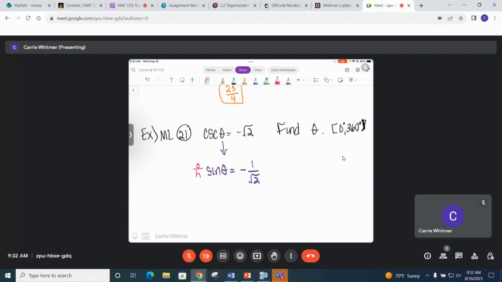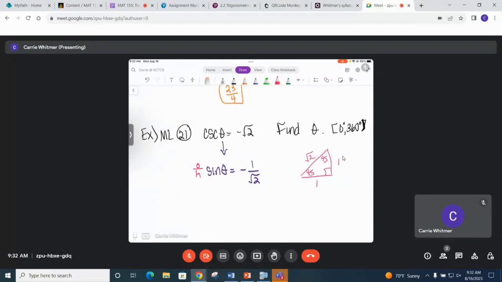If you don't want to switch it, you don't have to. But I can quickly see that my hypotenuse has to be radical 2. So if my hypotenuse has to be radical 2, then I know I'm dealing with the triangle that's 45, 45, 90, because those legs are 1s and the hypotenuse is radical 2.